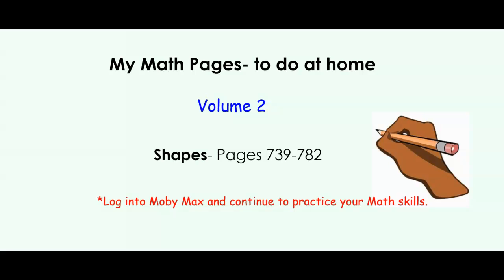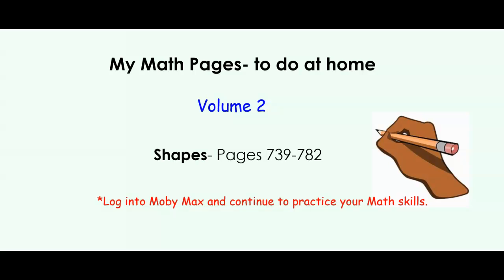Now it's time for you to work on some math on your own. Get your My Math Workbook Volume 2. You should have already completed at least 3 or 4 pages, from pages 739 to page 782. Those are pages about shapes.